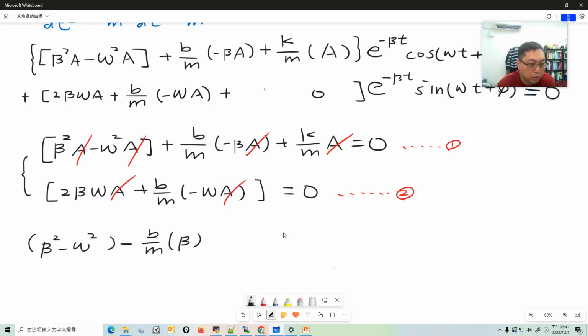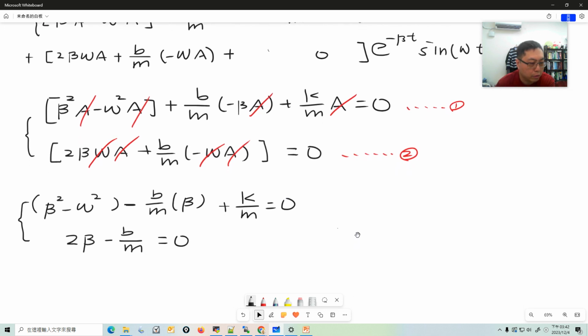Let's put a minus here, and plus k over m equals 0. And this one we can reduce a bit further, everything with omega, so we have 2 beta minus b over m equal to 0.